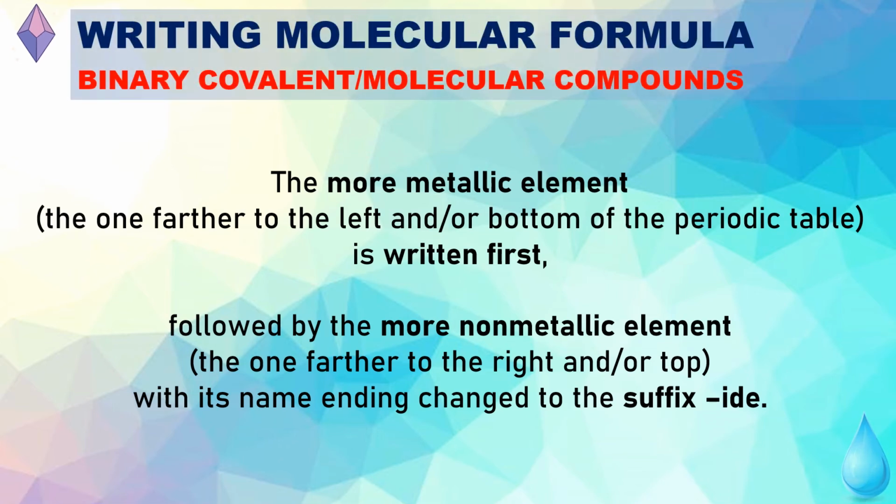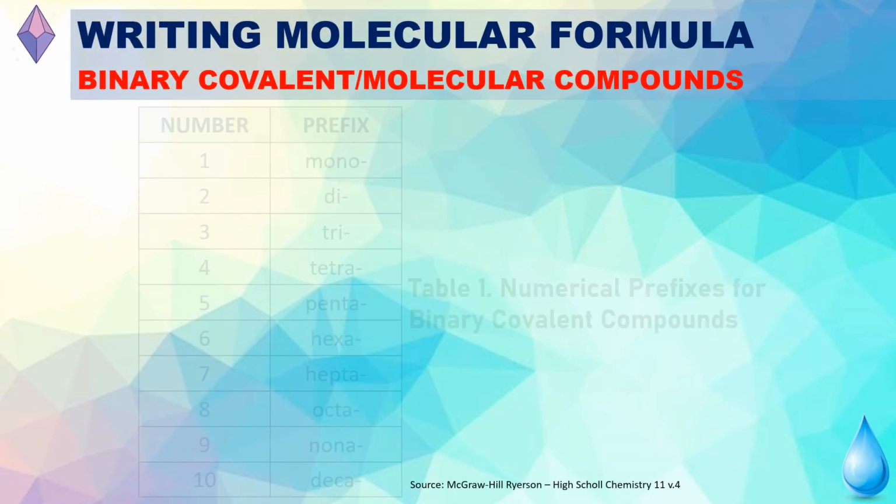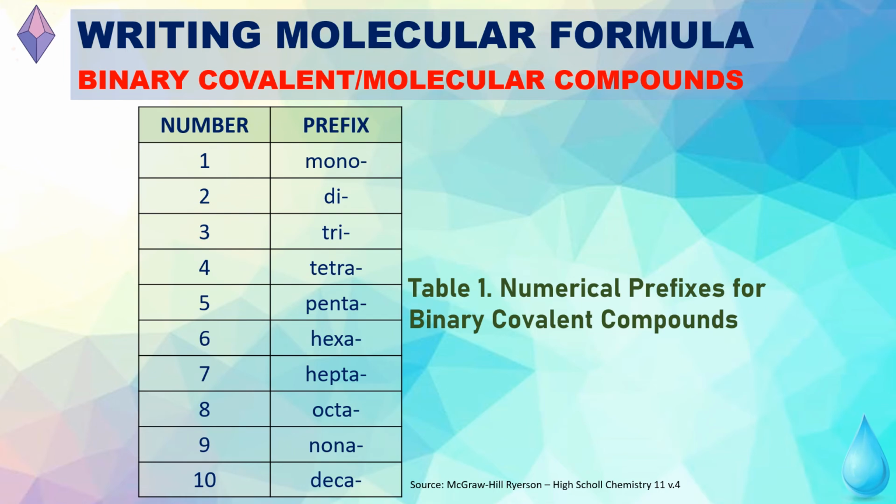The more metallic element, the one farther to the left and or bottom of the periodic table, is written first, followed by the more non-metallic element, the one farther to the right and or top, with its name ending changed to the suffix IDE. The numbers of atoms of each element are designated by the Greek prefixes shown in this table, 1 for mono, 2 for di, 3 for tri, and so on.